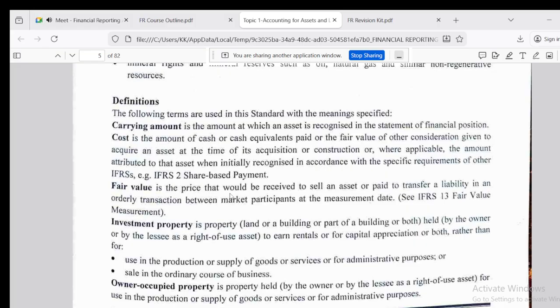Okay. The next definition is investment property. So let us know what an investment property is. We want to define it.